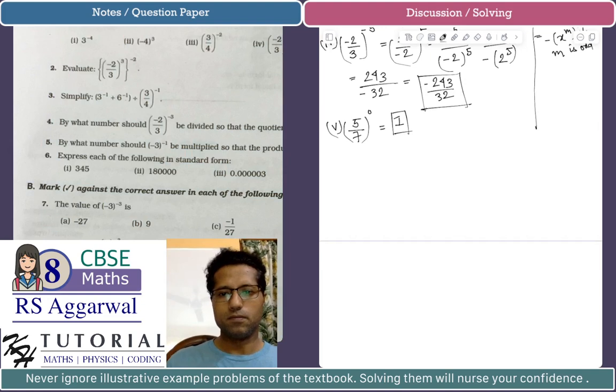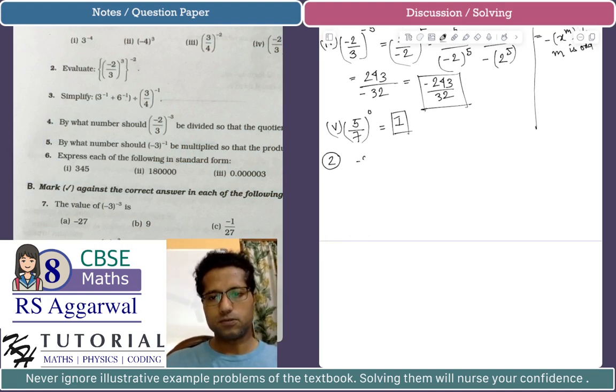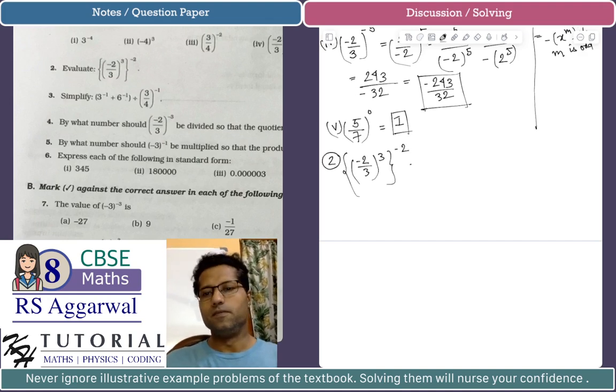Let's do problem number 2. We have to evaluate minus 2 by 3 raised to the power 3, and this whole raised to the power minus 2. So we are having 2 layers of power.